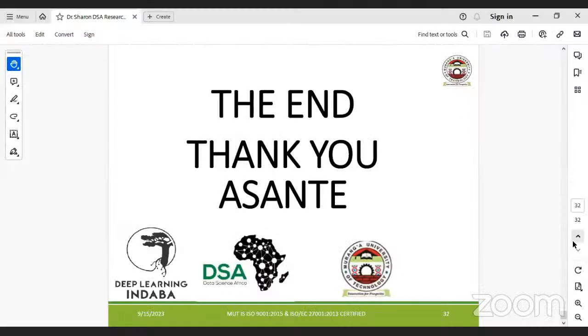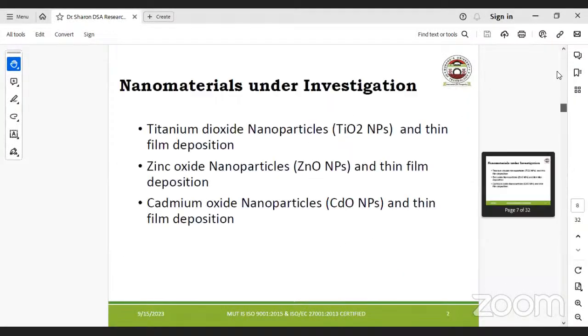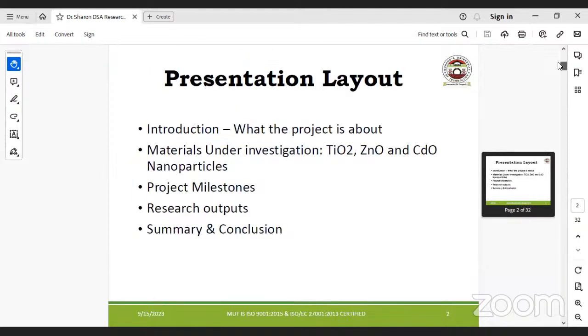Are you able to project your PowerPoint? Yes, that's what I'm loading. Okay, sure. Great. Are you able to see my screen? Yes, we are able to see it.